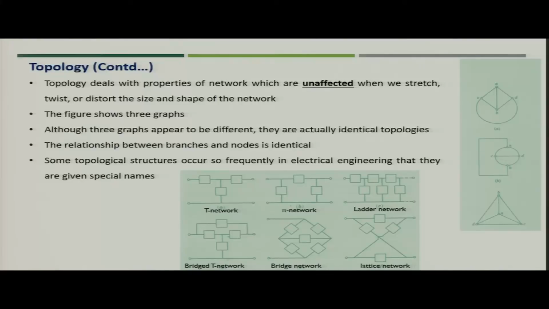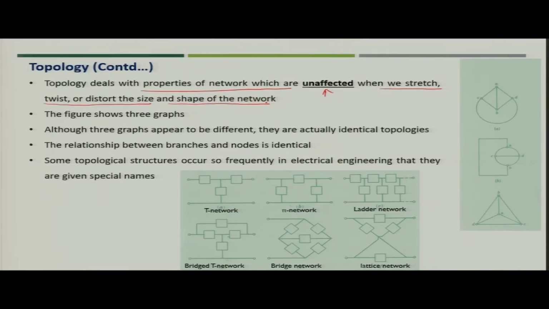Now, why is the topological information of the network important? Because the topology shows us the property of the network which is unaffected when we stretch, twist or distort the size and shape of the network.